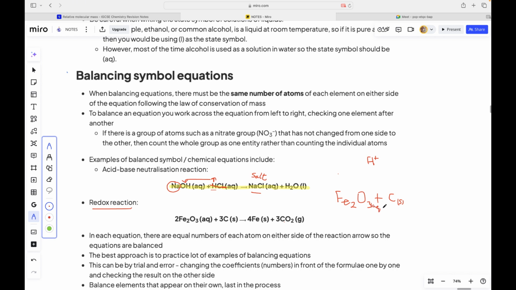If you want to get your marks complete in chemistry, you must put the state symbols. So it produces iron. Iron(III) oxide is reduced to iron, which is solid, plus carbon dioxide, CO2, which is gas. Carbon dioxide is a gas.